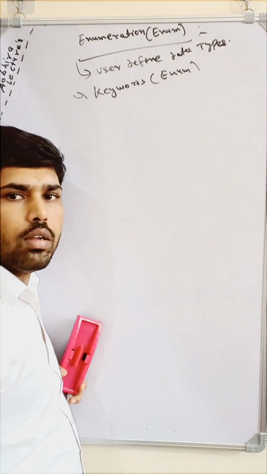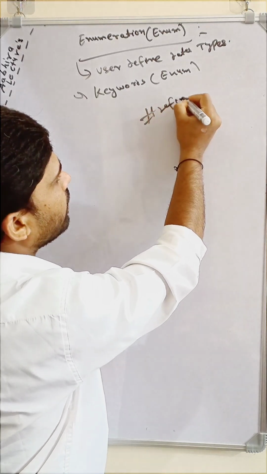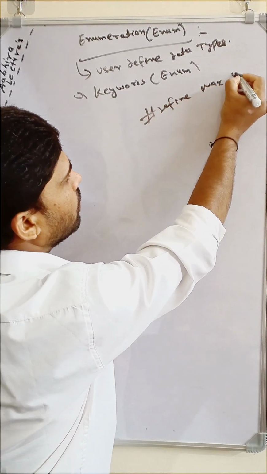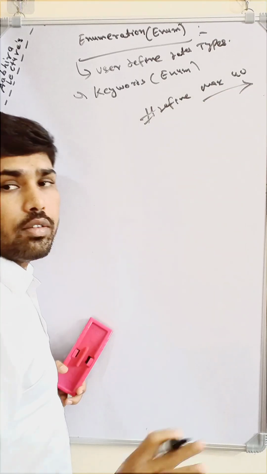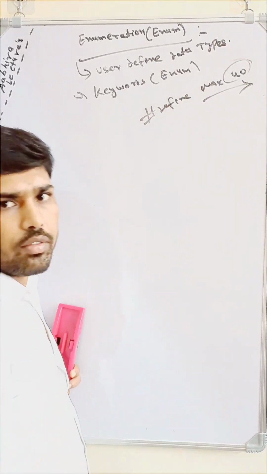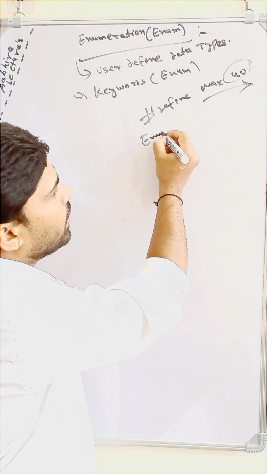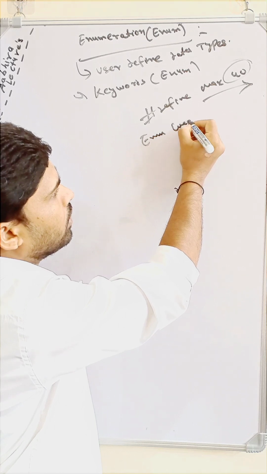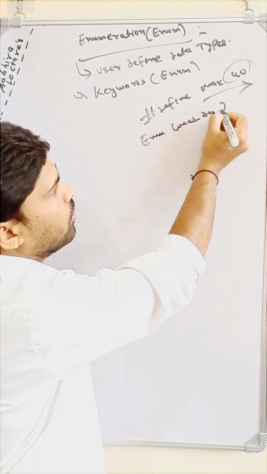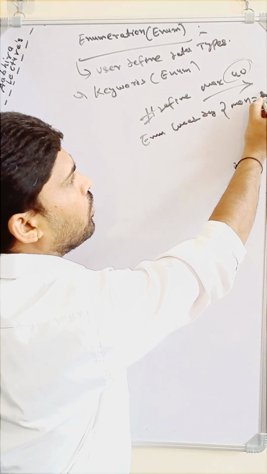Here I can show a macro: what are we doing? #define MAX 40. Here we are assigning a value; the max value is 40 only. In macro we can define like that. In enum, what are we doing? enum weekdays. Here we give Monday, and we can assign one value, 0 or anything.